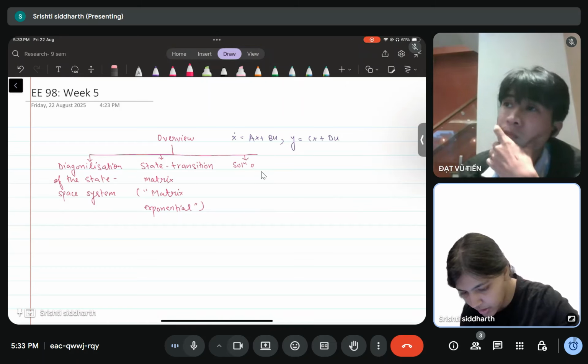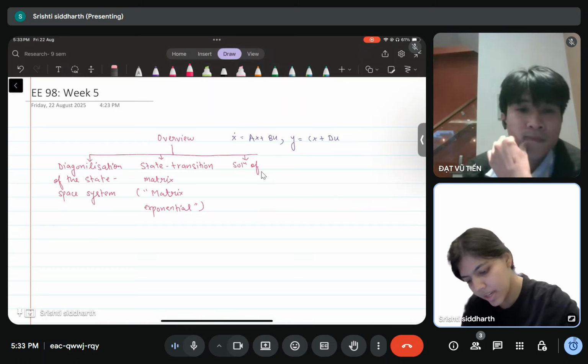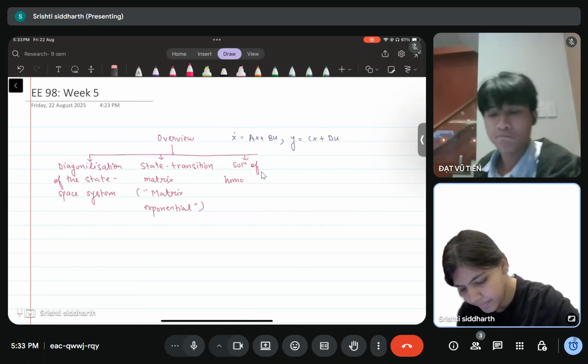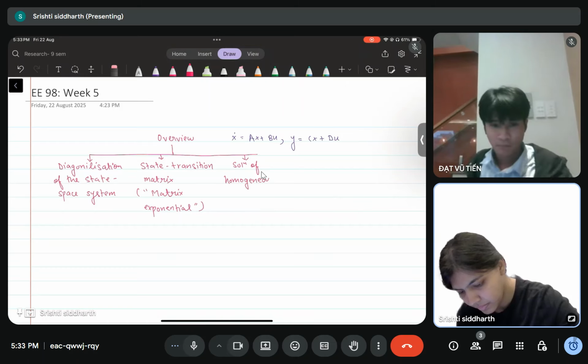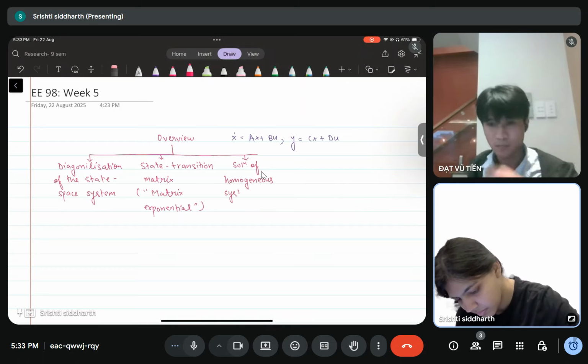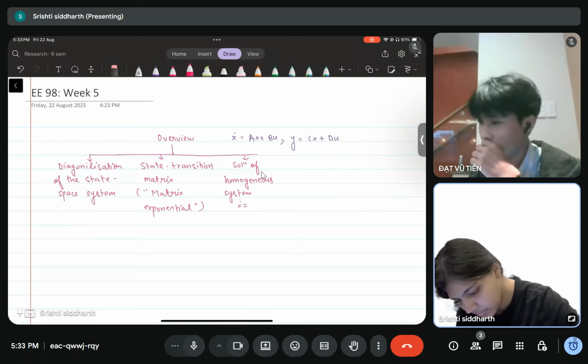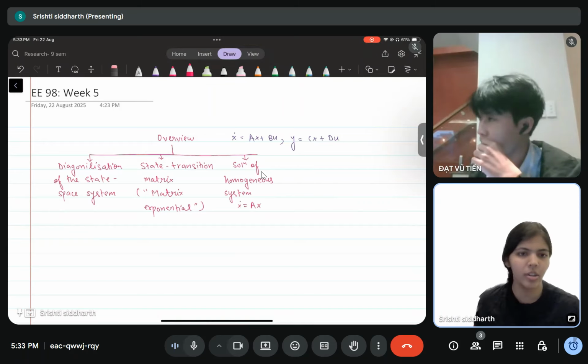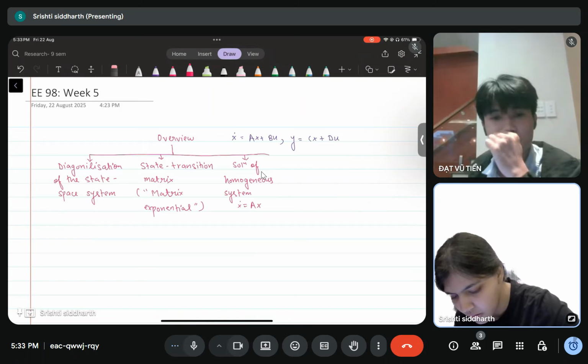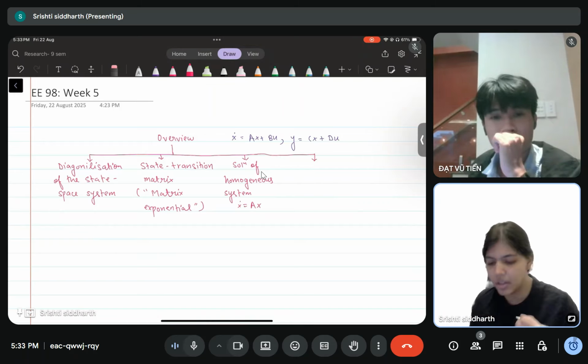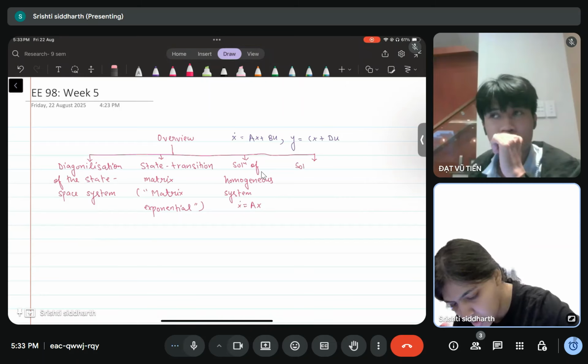Solution of the homogeneous system x dot equals Ax, homogeneous or autonomous. And then finally the whole system, solution of the non-homogeneous system.